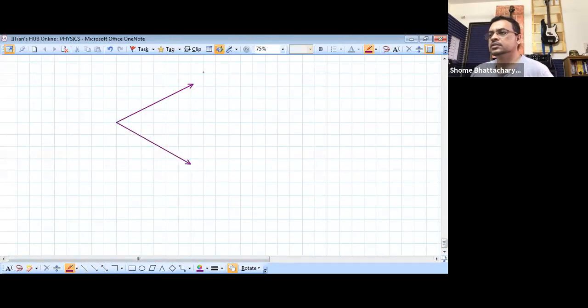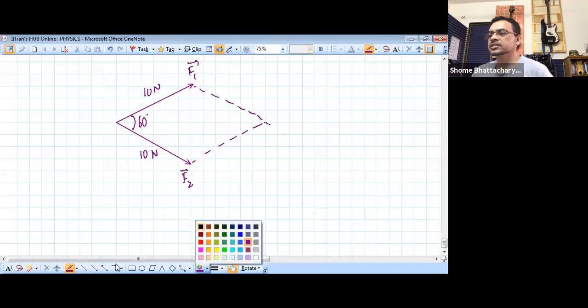So like this, F1 and F2. The angle between them is 60 degrees and their magnitude is 10 newtons each. So is that a rhombus? You can see that the resultant will become this diagonal of the rhombus. The net force, which is the sum of these two, will become this.